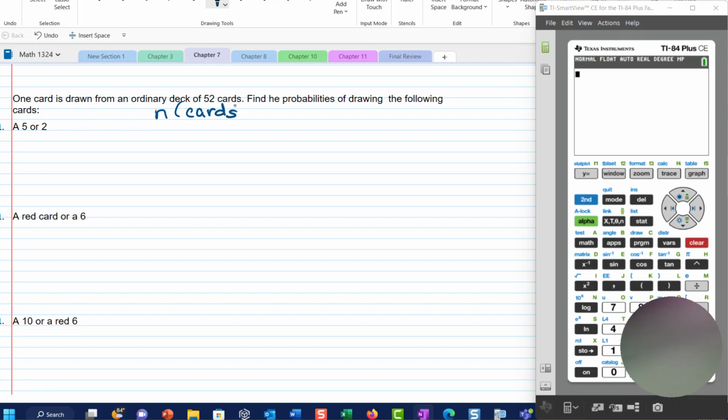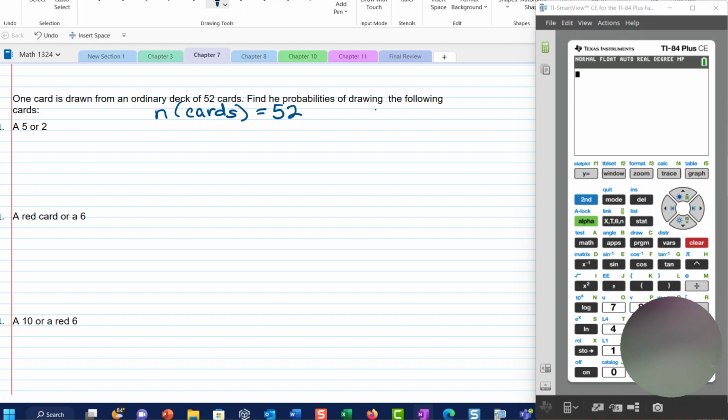Cardinality of cards is 52, and this is the same as our sample space. One card is drawn. Find the probability of drawing the following cards: a 5 or a 2. All right. So let's look at our card scenario here.